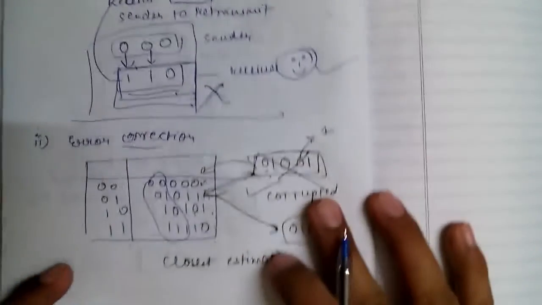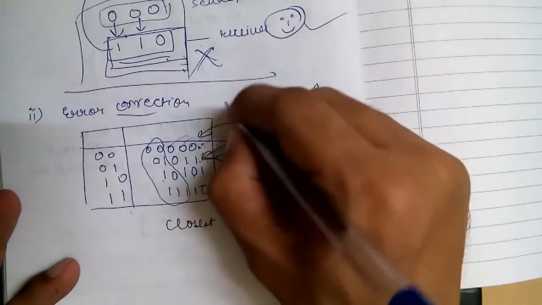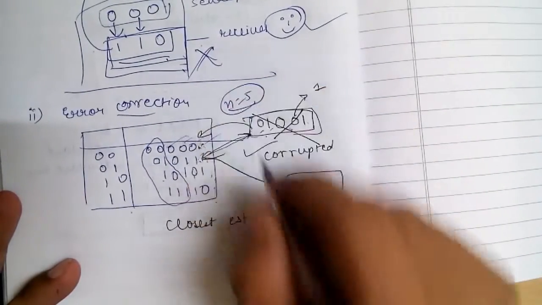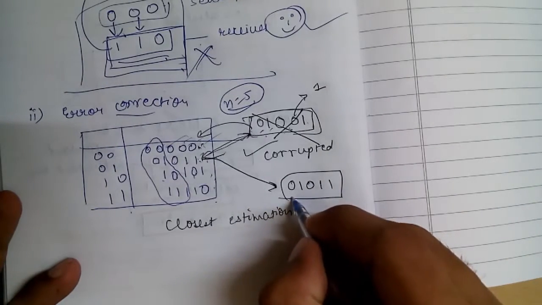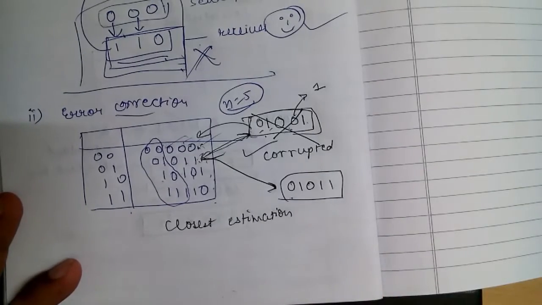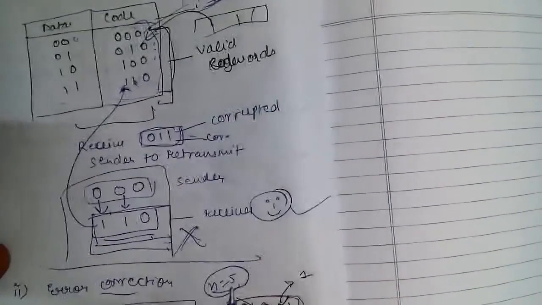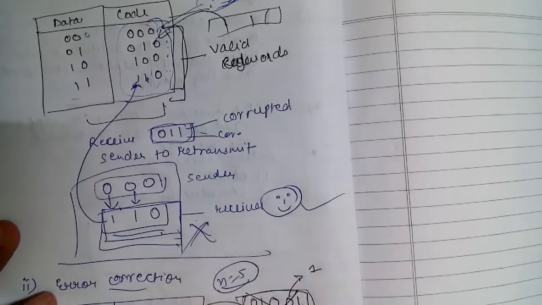And when we added 3 extra bits, with n equal to 5, we were able to correct a single bit error. So you will be thinking exactly how many bits we need to detect and correct. What should be the size, and how many redundant bits should I add so that I will be able to detect this many bits of error?